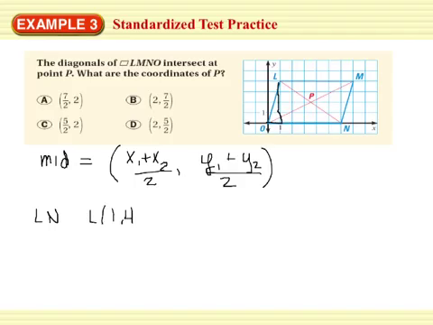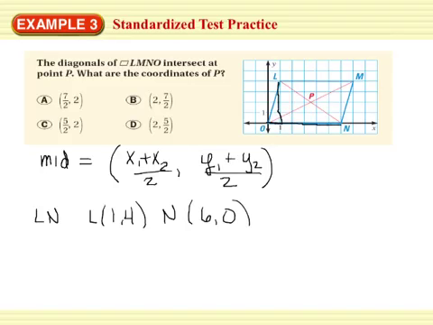That's point L. And point N is 1, 2, 3, 4, 5, 6. Why, fabulous.